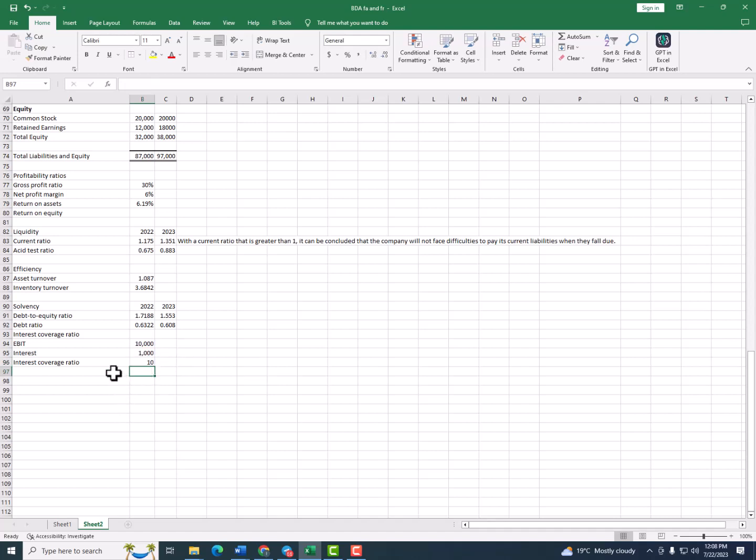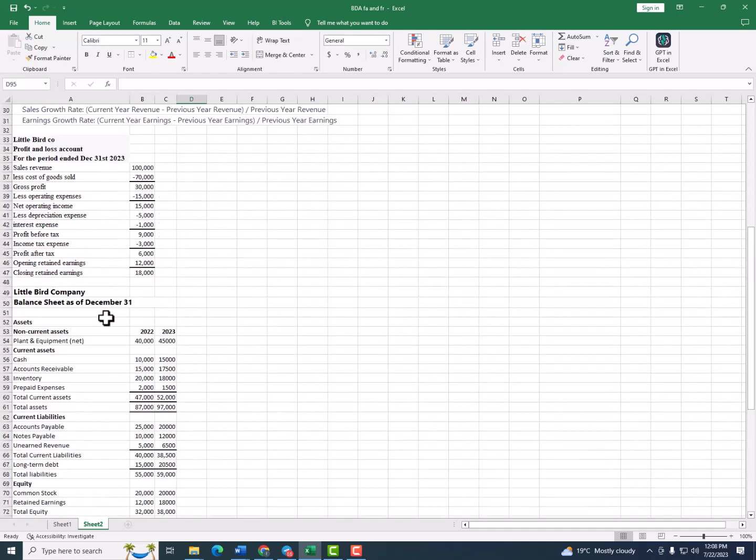So we can interpret this and say the interest is covered 10 times by the earnings before interest and tax. This implies that the company is exposed to minimal risk of being unable to pay its interest expense when it falls due, right?